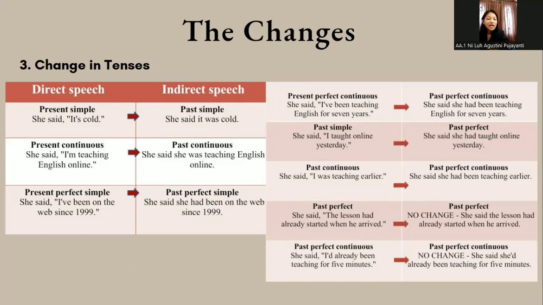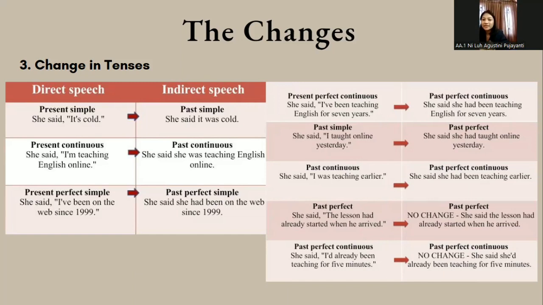So the example, she said, "It's cold." In indirect speech will be, she said it was cold. This pattern of past simple. And then present continuous into past continuous. The example, she said, "I'm teaching English online," and it will be, she said she was teaching English online.